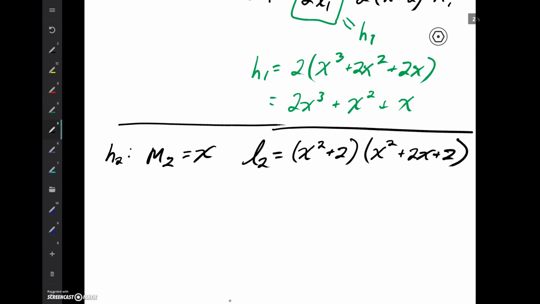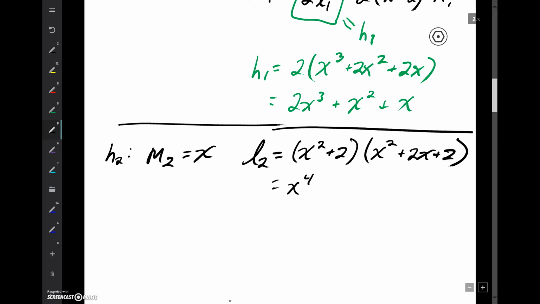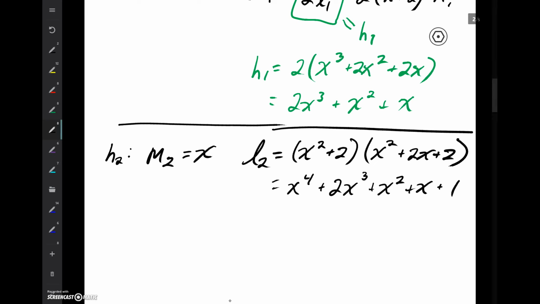We'll distribute, multiply these out, and we'll end up with x to the 4th plus 2x cubed plus x squared plus x plus 1. Remember, we're in mod 3, so the constant was 2 times 2, which is 4, and mod 3 that is 1.